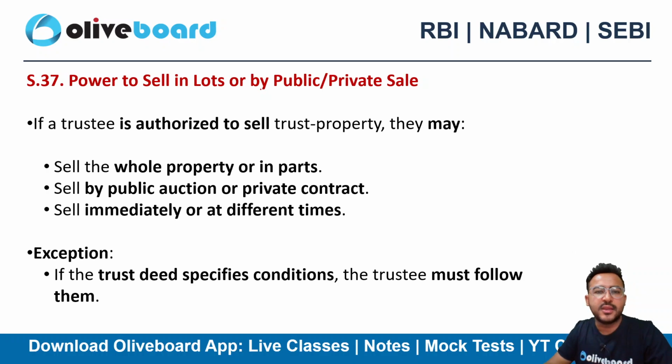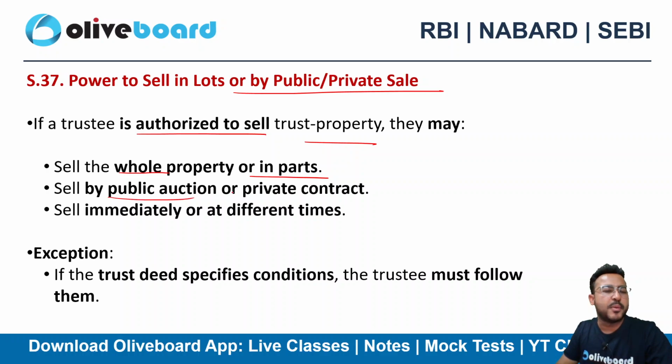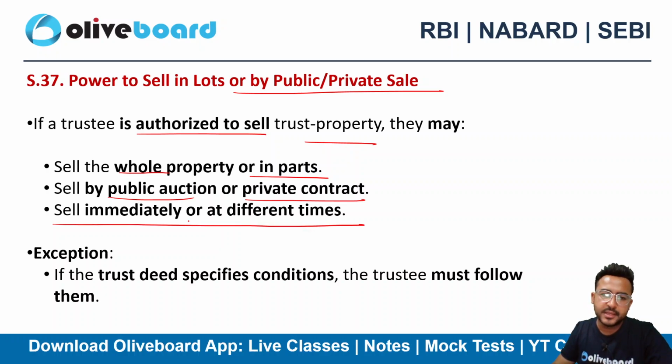Power to sell in lots, by public or private sale. The trustee is authorized to sell the trust property, wholly or in parts as well. He can sell it in public auction or by private contract, sell immediately or over different time periods. He has this whole right, but it should be as per the conditions of the trust deed.